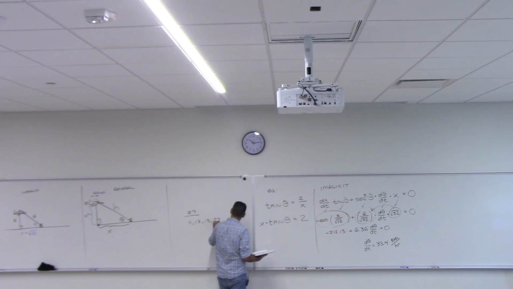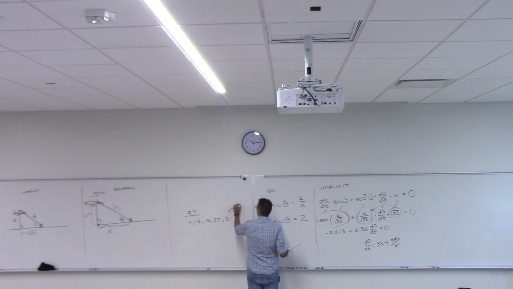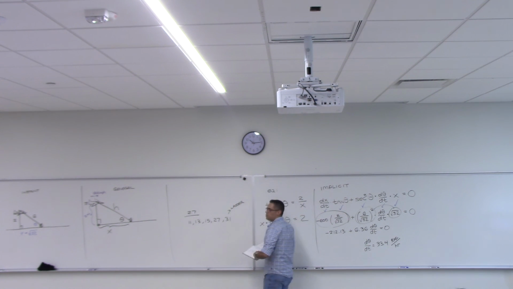Try number 27, that's going to be tough. Number 31. So look, of these problems, this one is basically the ladder problem. So it's giving you another opportunity to practice the ladder problem.